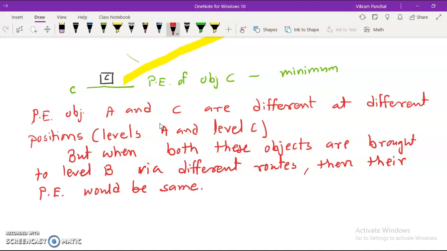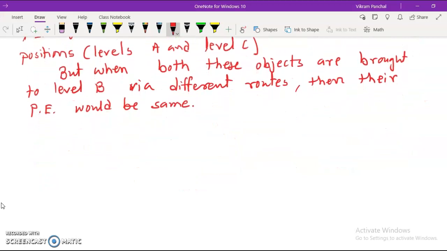Because potential energy depends on position. Okay, it does not depend on the route by which any of these objects is brought to level B.